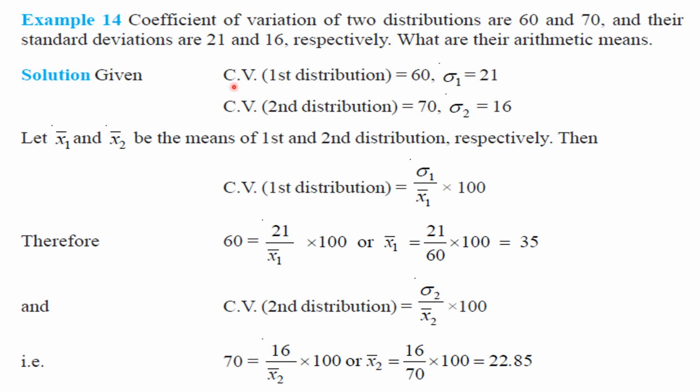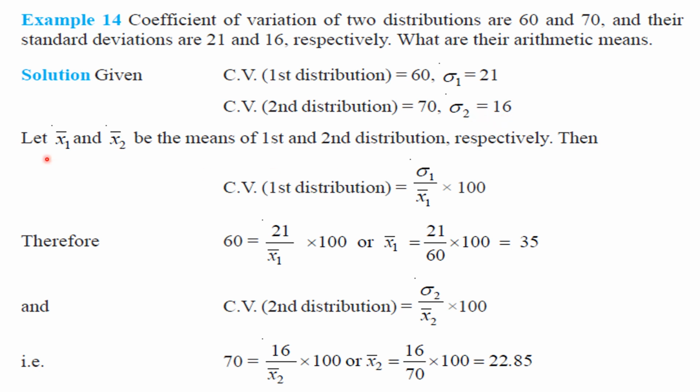Given coefficient of variation of first distribution is equal to 60 and standard deviation of the first distribution, that is sigma 1, is equal to 21. Similarly, coefficient of variation of the second distribution is equal to 70 and the standard deviation of the second distribution, that is sigma 2, is equal to 16.